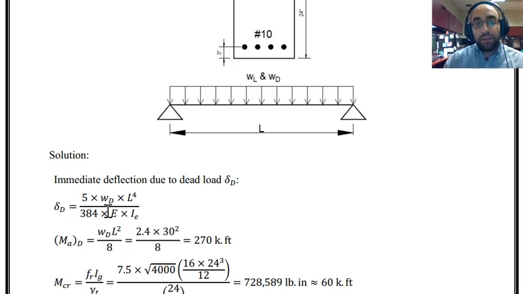In the third chapter, when I was talking about the load factors, I said we are talking about ultimate strength limit state, and over there we want to consider all the uncertainties in loading, and we want to see if the ultimate strength of the section is enough to carry all the loads. That's why we included the load factors and load combinations for ultimate strength limit state.